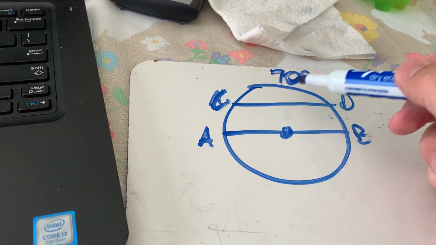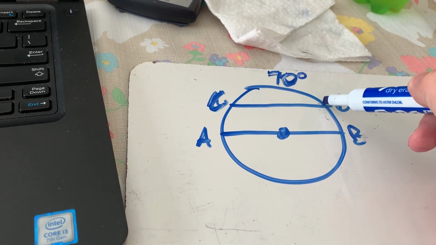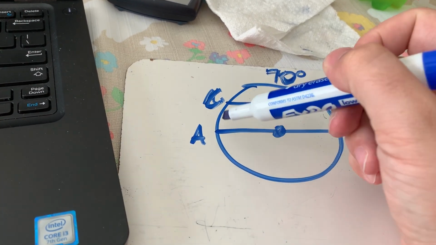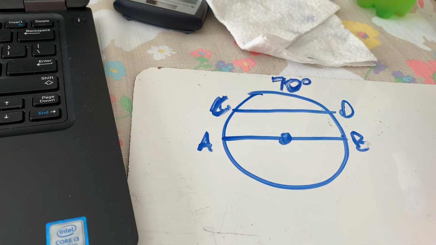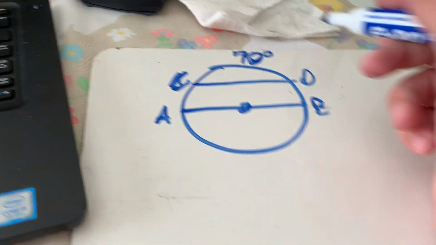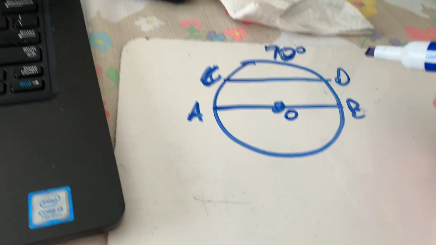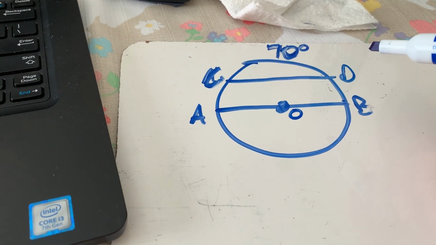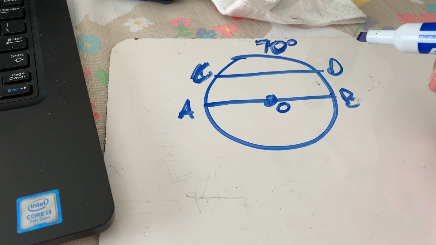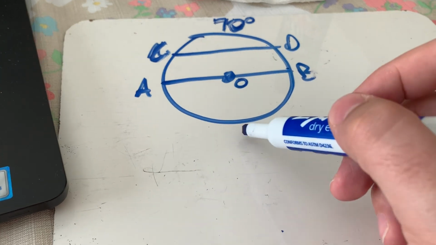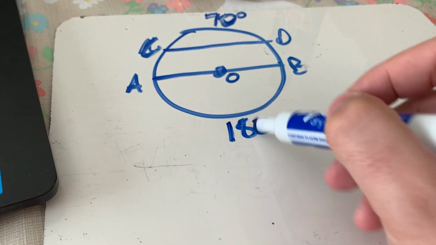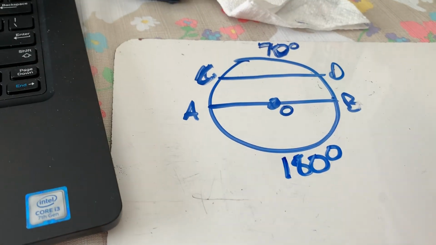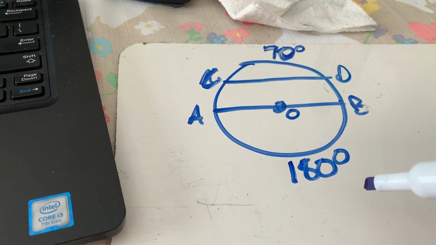So if I'm starting at C, that's 70. That arc and this arc going all the way around have to all add up to 360, okay? It does have point O right there, by the way. So AB, since it goes through the center, is a diameter. So that means this bottom half is half the circle. It's 180 degrees. Hopefully we remember that, okay? So now that's 70, that's 180.